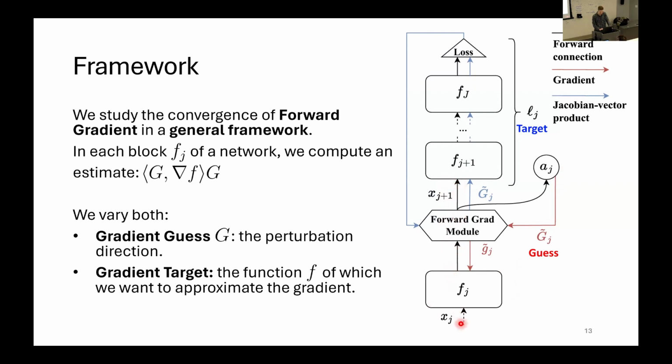If x_g is the input of the module f_g, at the output you have x_{g+1}, which is used for this module and the auxiliary loss also. And you also propagate the estimates after this. So you propagate the g tilde, but not as a forward connection, rather with a Jacobian vector product, as a tangent perturbation. Okay, that's the general framework on which we're going to work.